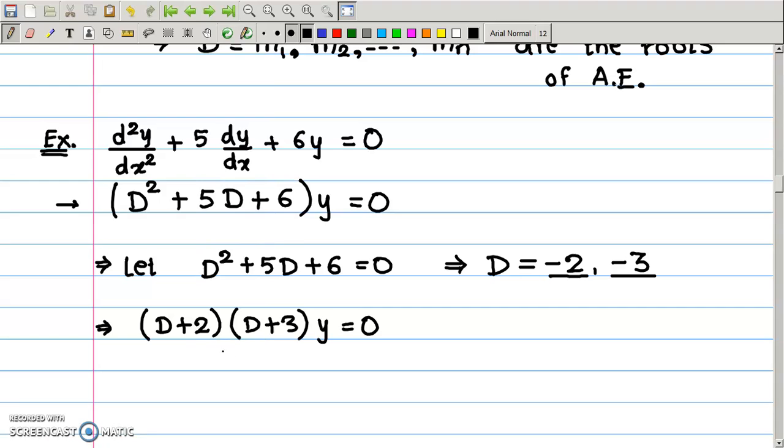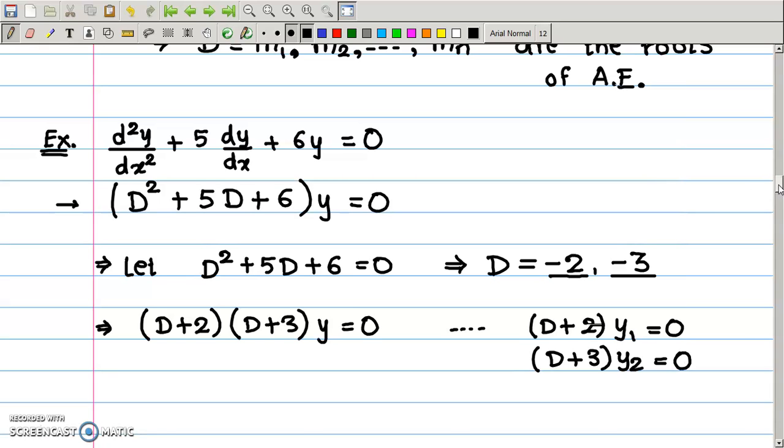If we operate these factors one by one, so that we can find one linear differential equation, we consider the equations D plus 2 y1 equal to 0 and D plus 3 y2 equal to 0.